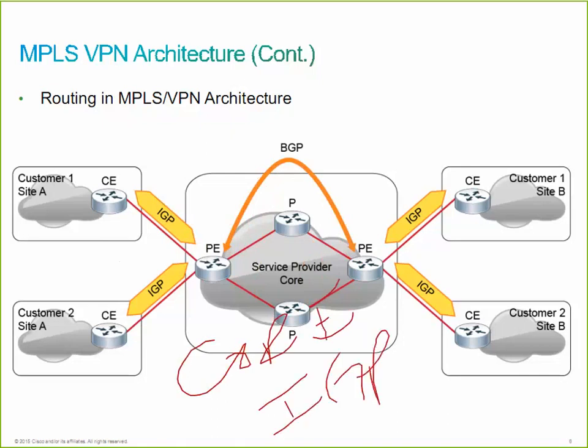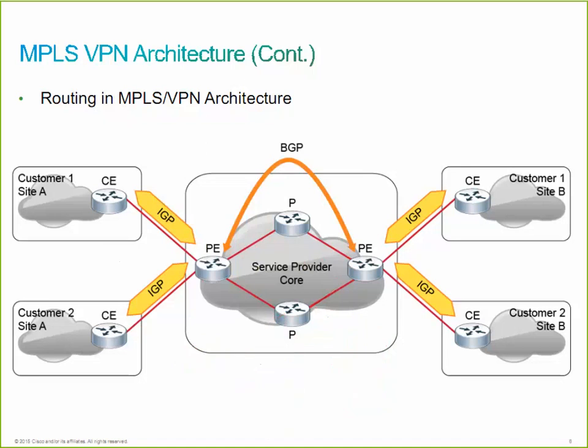So the service provider is running some sort of layer 3 routing protocol inside the core as well. Usually that's going to be ISIS or OSPF or some other core IGP protocol. Very rarely would it be BGP. But again, that's hidden from the customer side.